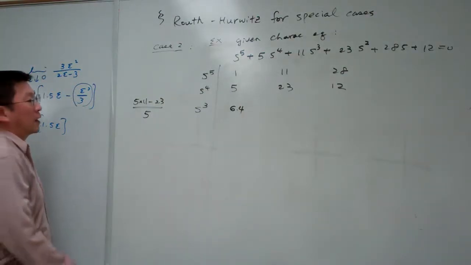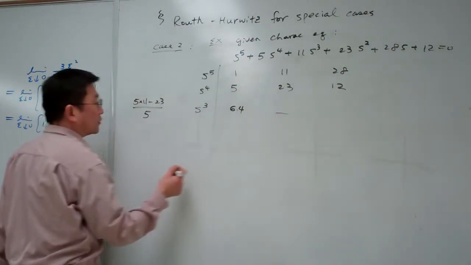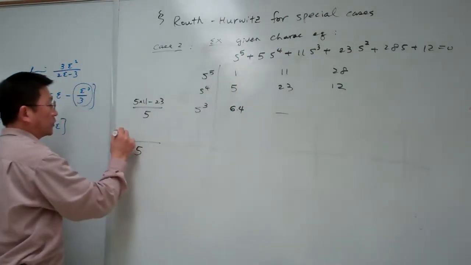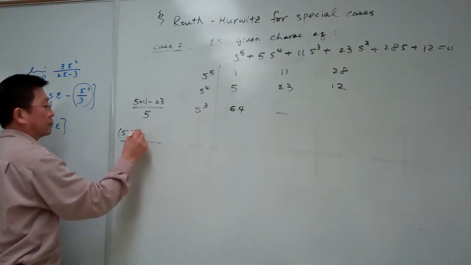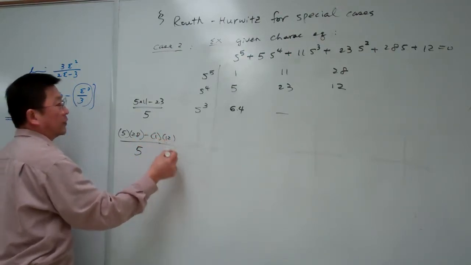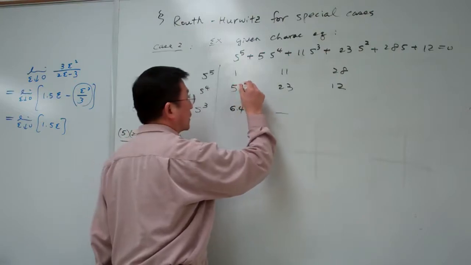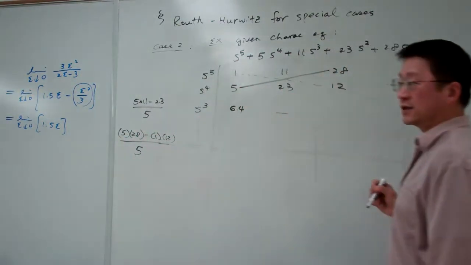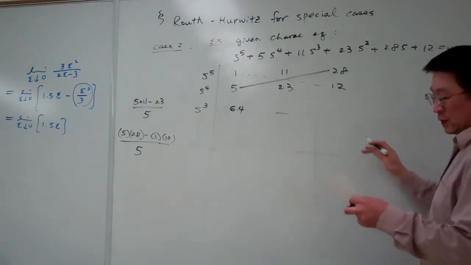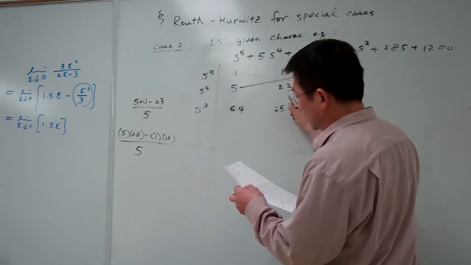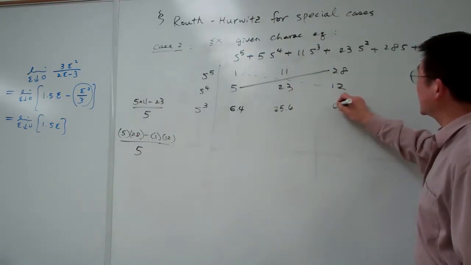For the second number, we do the same again: 5 multiplied with 28 minus 1 times 12. Basically, the multiplication of the two numbers minus the multiplication of the other two numbers. So we come up with 25.6, and this one is 0.